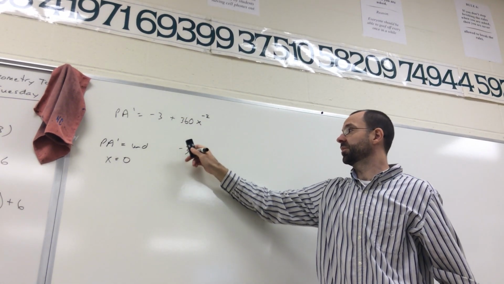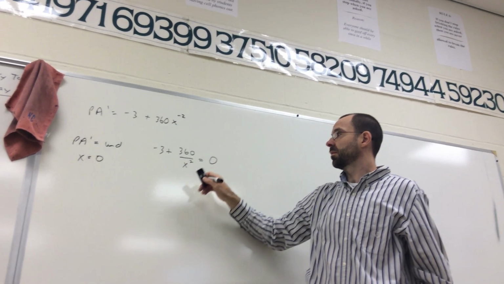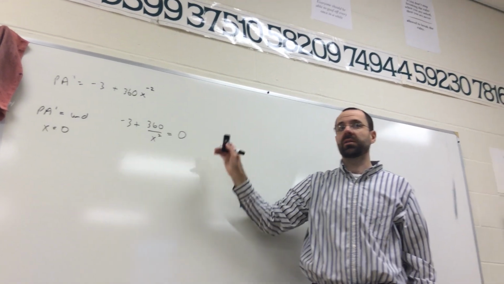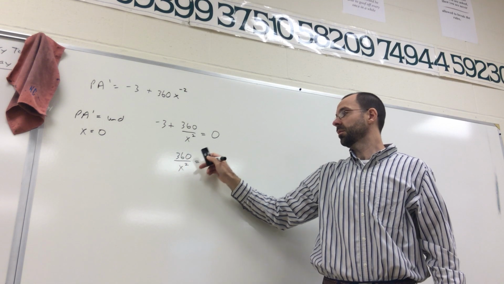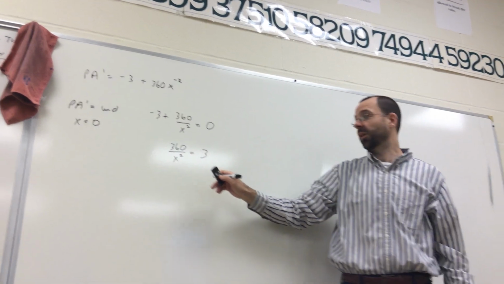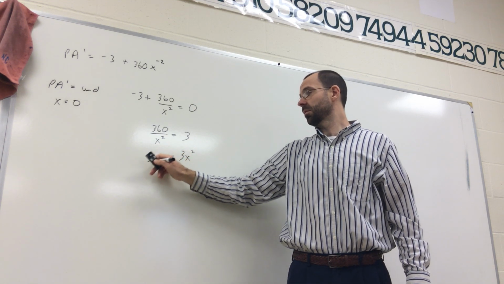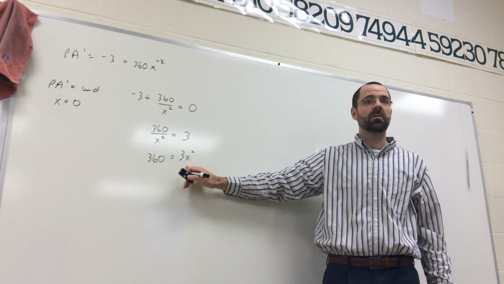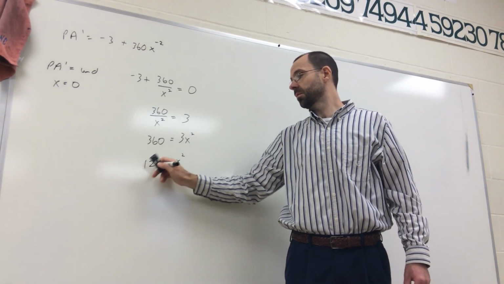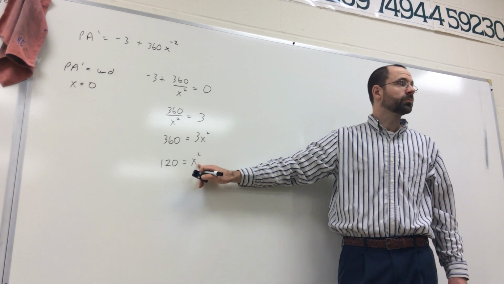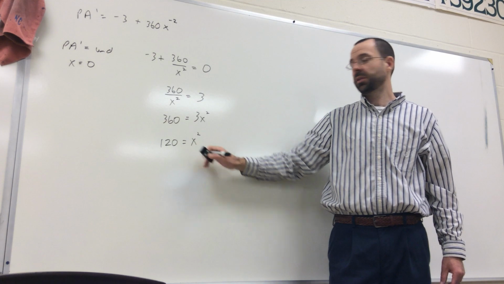And then I can set it equal to 0. Add the 3 to the other side. Multiply by x squared. Divide by 3. And then take the square root.